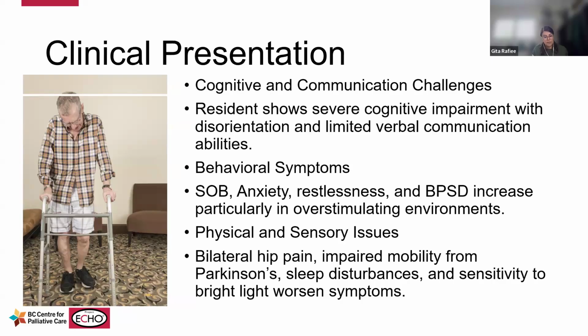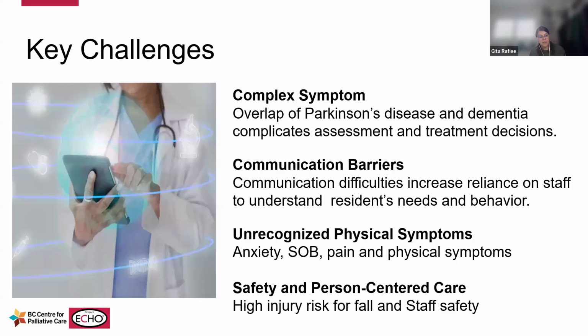Mr. N occasionally reports bilateral hip pain, experiences impaired mobility related to Parkinson's disease, and has disrupted sleep and reports of distressing dreams. He also has sensory sensitivities, including intolerance to bright light and television. This is our Mr. N. Can I go to the next slide, please?